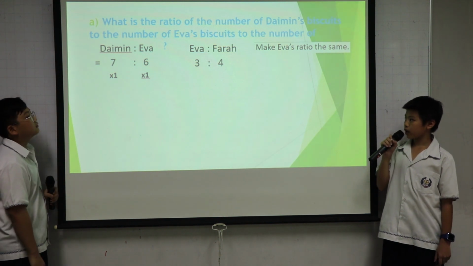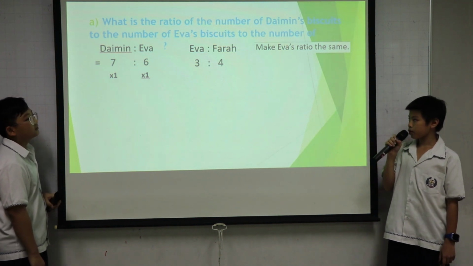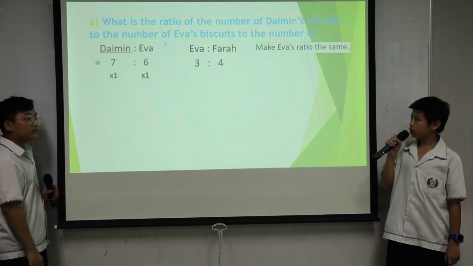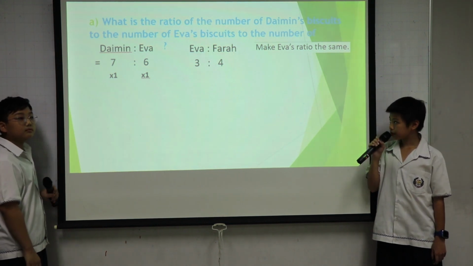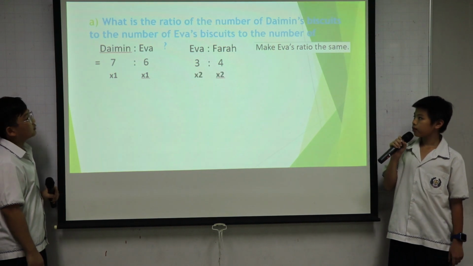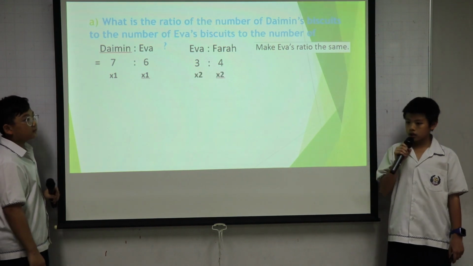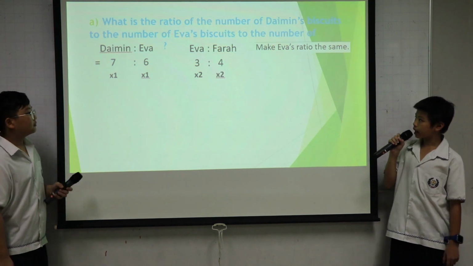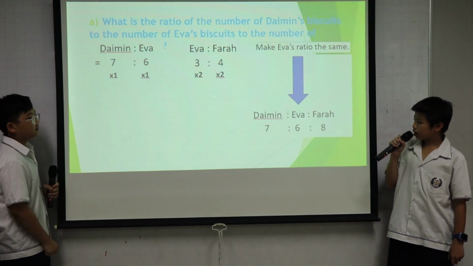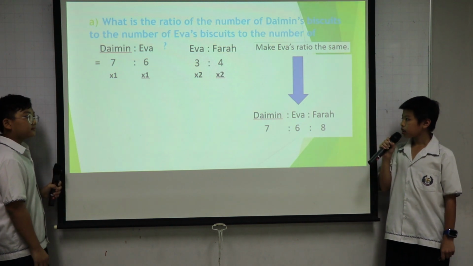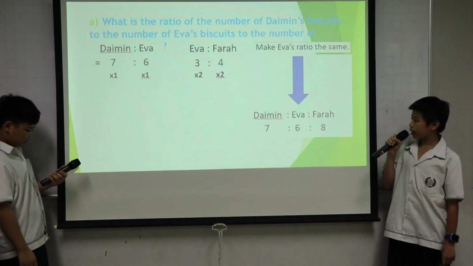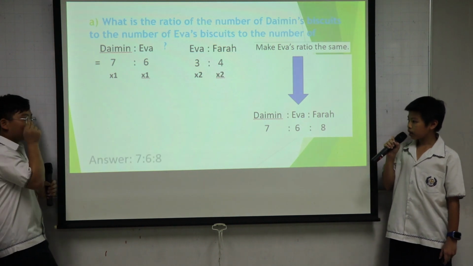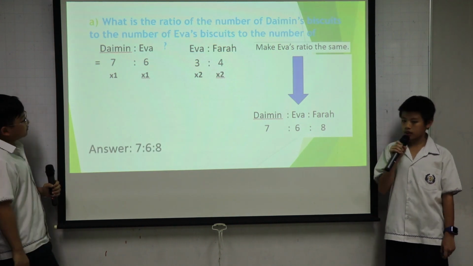So 7 times 1 equals 7, 6 times 1 equals 6. To make the second ratio of Ava's biscuits the same, we multiply it by 2. So 3 times 2 equals 6, and 4 times 2 equals 8. So the ratio of the number of biscuits Diamond has to Ava to Farah is 7 to 6 to 8. The answer for A is 7 to 6 to 8.